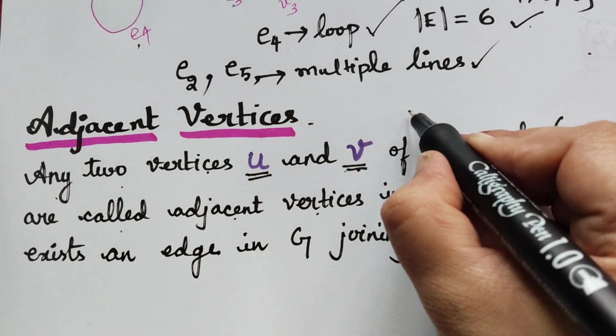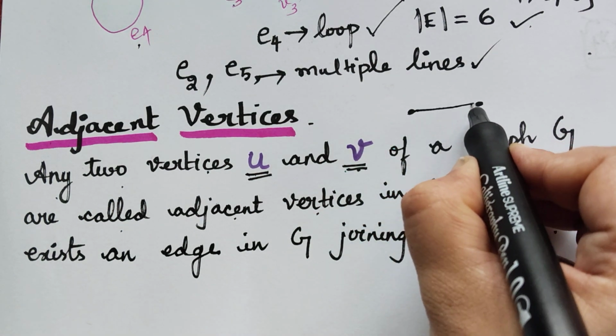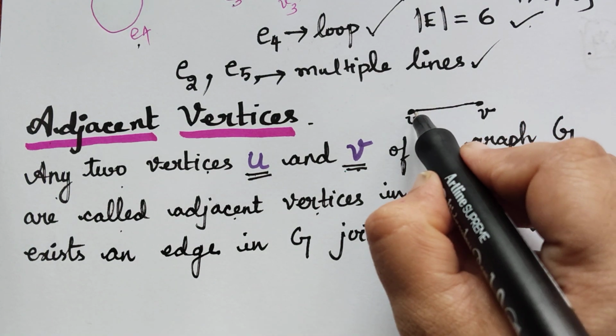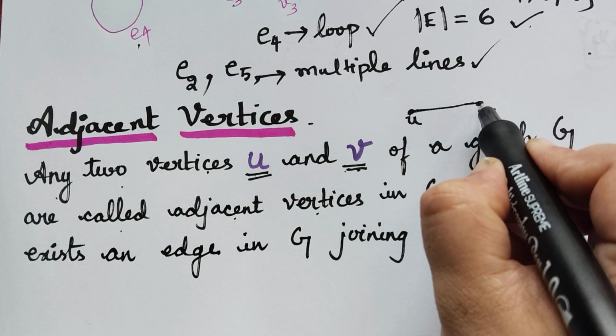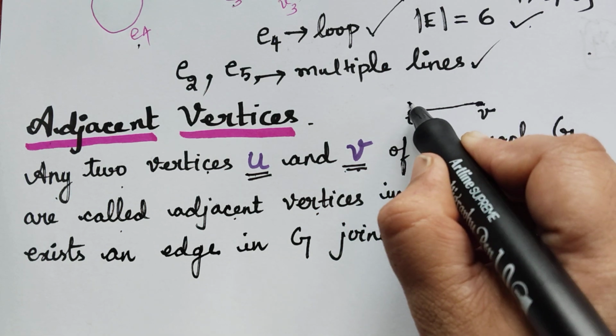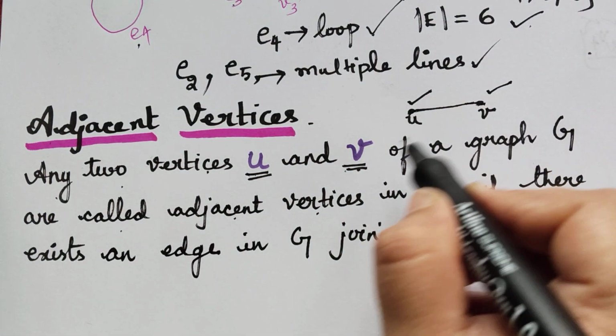That is, if a line joins these two vertices u and v, then the vertex u and the vertex v are said to be adjacent to one another.